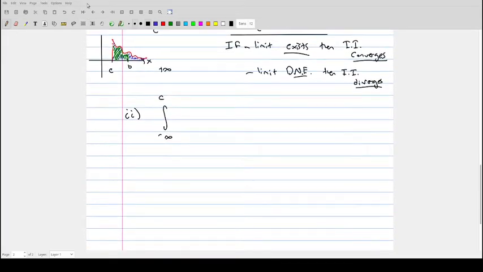Which would again correspond to, say, if this is our y-axis and this is our x-axis, you could have that the function starts here at c, then maybe goes down. It looks like this, getting smaller and smaller as x gets smaller and smaller.